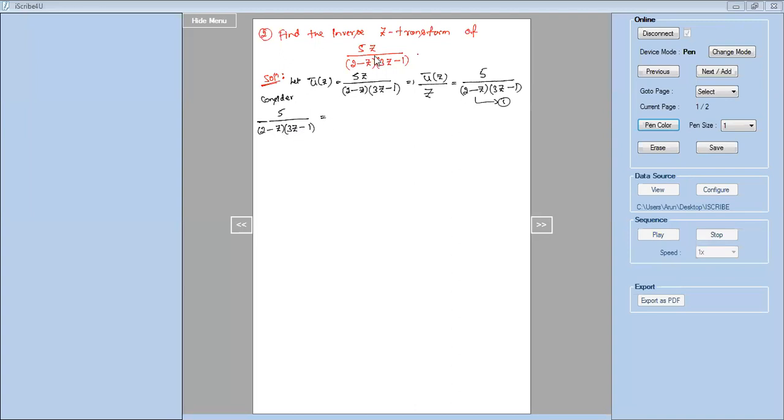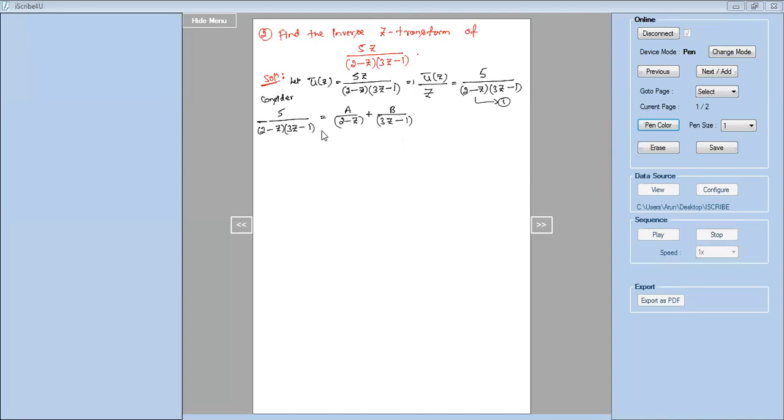The powers are 1 here, 2 minus z power 1, 3z minus 1 power 1. So non-repeated. There is no square, cube and all. Keep that in your mind. So the partial fraction for this is A by 2 minus z, the first term, plus B by 3z minus 1. Right? So we have resolved it into a partial fraction.